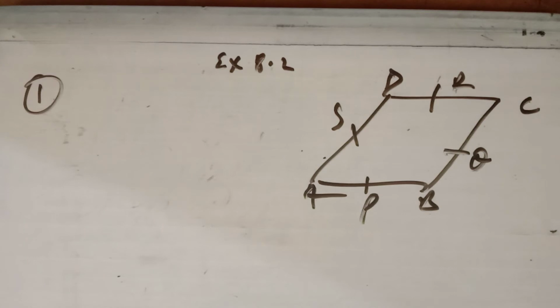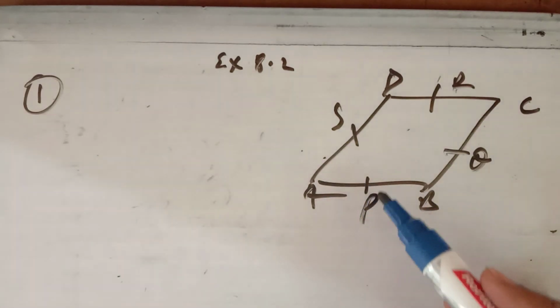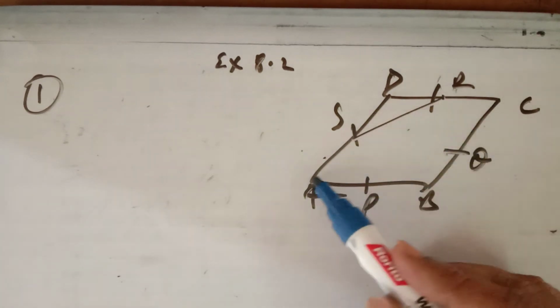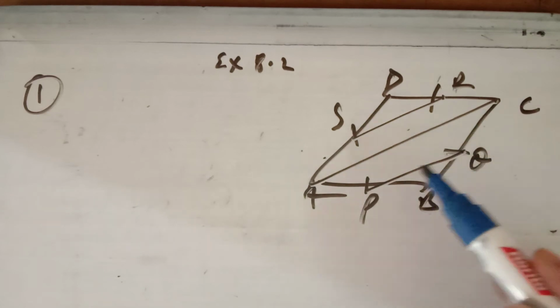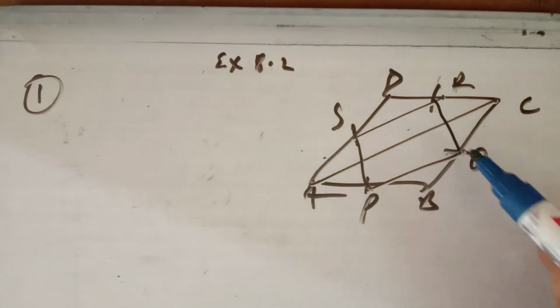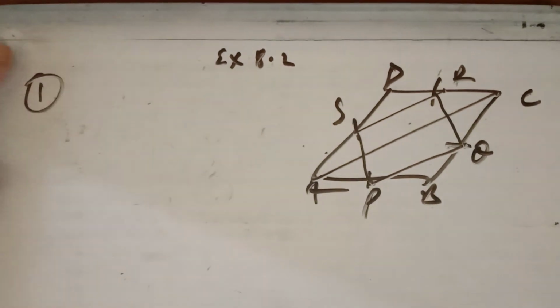Then you have to prove that SR is parallel to AC, PQ is parallel to AC, and then at the end you have to prove that PQRS is a parallelogram. So it is the basis for all the remaining questions.